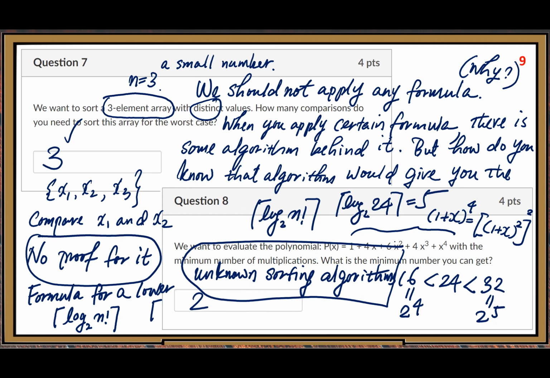Why? I need a little more space. Let me borrow the space of this slide, then I erase it.